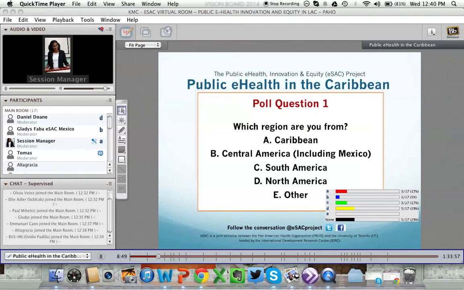We're just going to move on to introduce our first speaker, Mr. Daniel Doane. Daniel is a senior health information systems consultant with over 15 years experience in the strategic planning, implementation, and use of health information technologies in public health, primary care, and hospital-based settings, and has provided expertise to health organizations in Canada, Latin America, and the Caribbean.